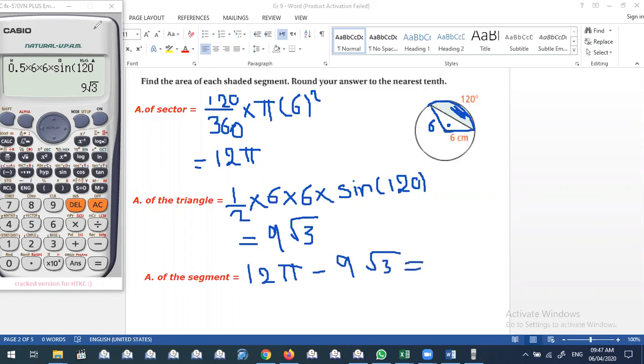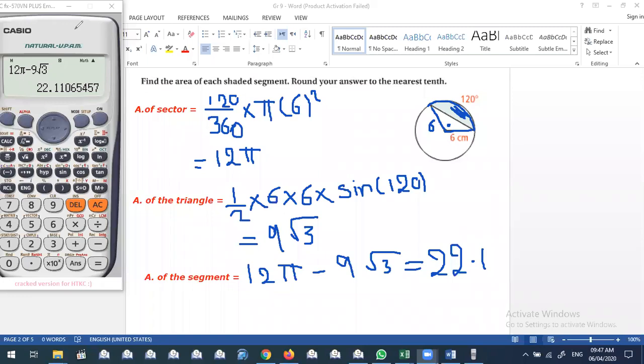So 12 shift pi minus 9 square root 3 equals approximately 22.1.